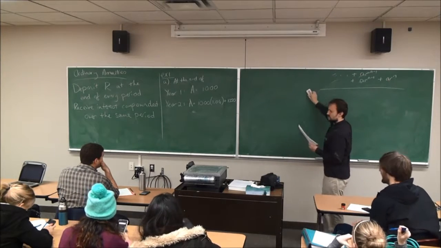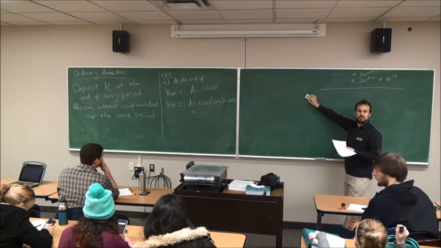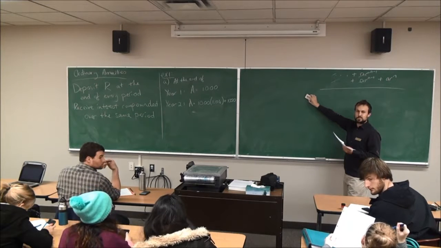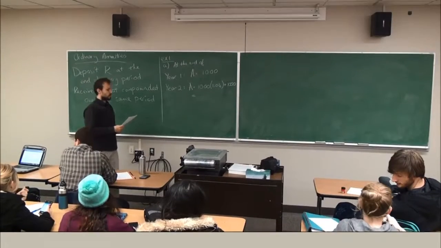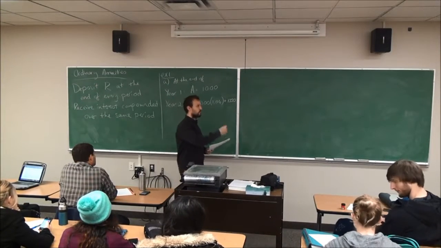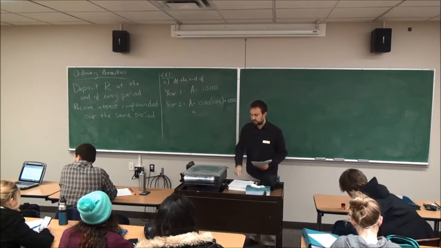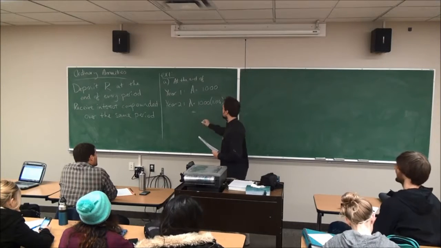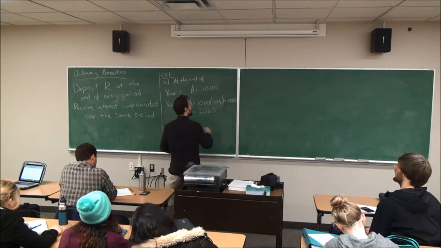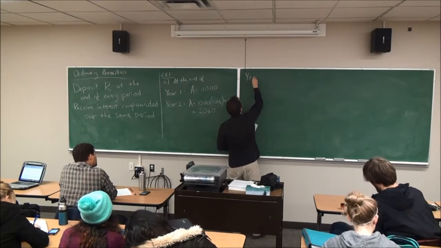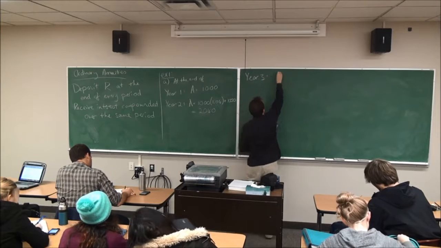The example says annual payments of 1,000. So I'm investing $1,000 every year, and I get 4% interest. What's my amount here? 2040.